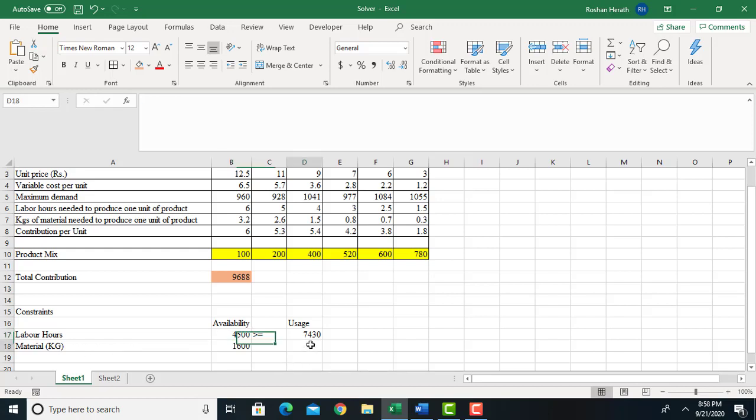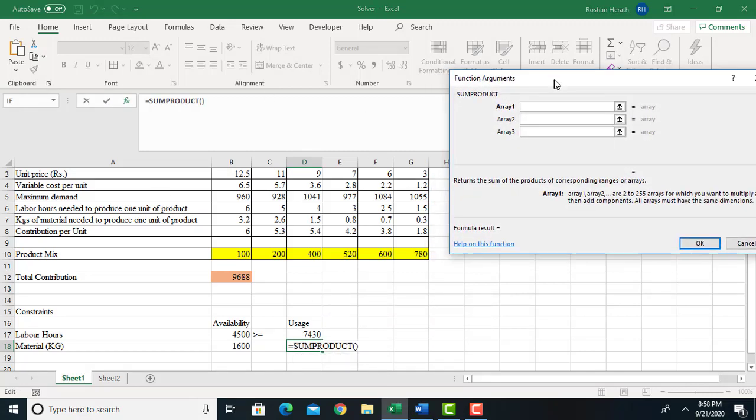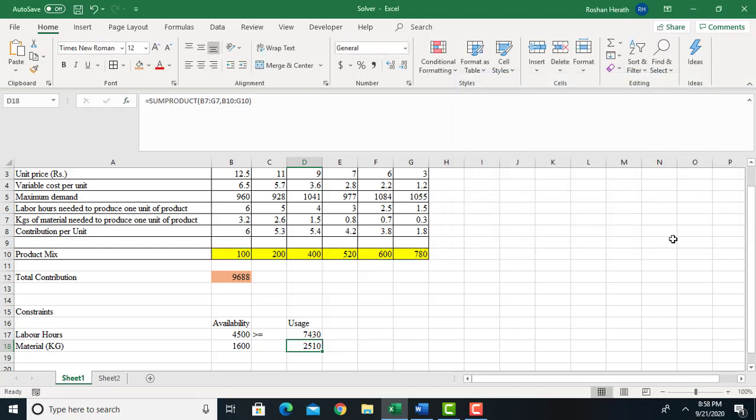Similarly, I might identify the usage of material. How would I do it? Again, you can take this sum product. By using this sum product, you can take kilograms of material needed to produce 1 unit of product, and also you can get the product mix, then thereby the usage is there.